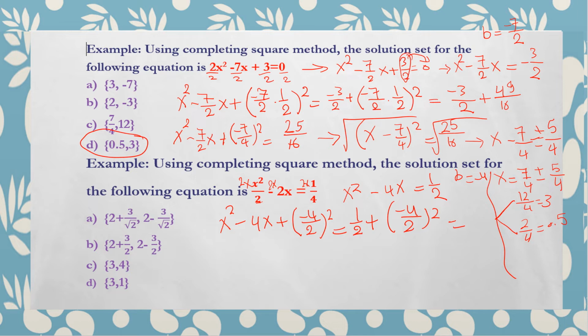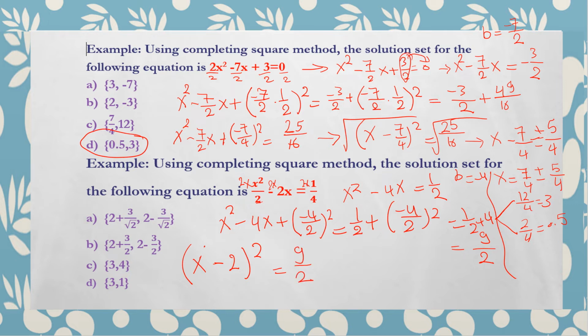Minus 2 squared is 4. So half plus 4 equals 9 over 2. So x minus 2 all squared equals 9 over 2.